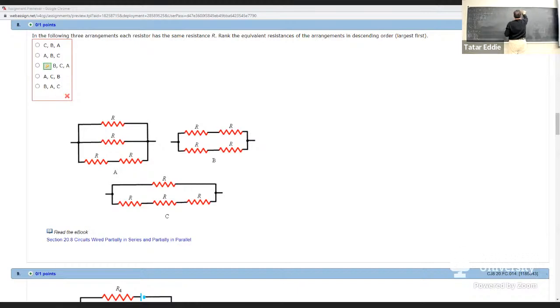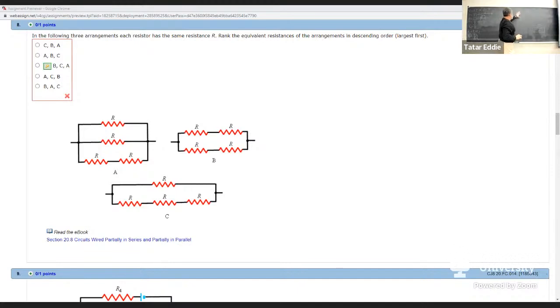R here, R here, and on this part, you're going to have 2R. Here, like this. And this is the second.